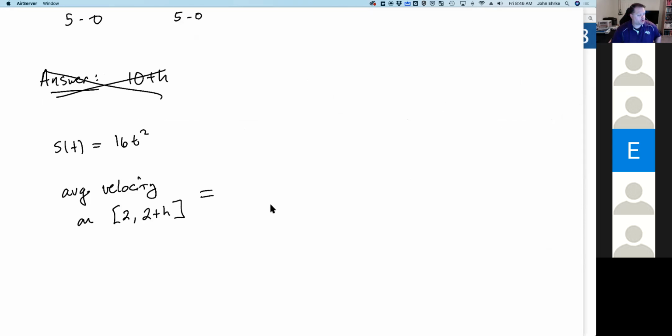All right, as y'all are working on your answer, I'm going to start working through it here, and you can correct as we go along. The average velocity on the interval from 2 to 2 plus h is just our slope formula.